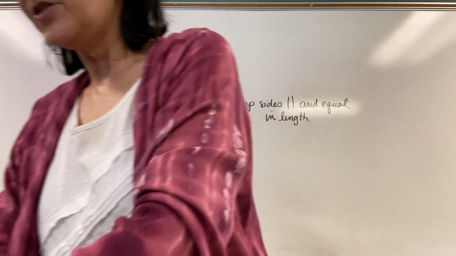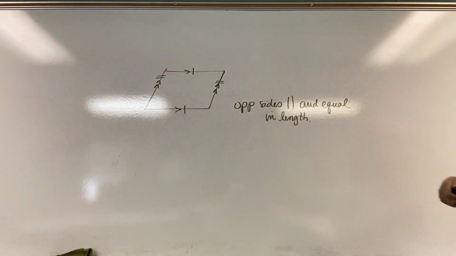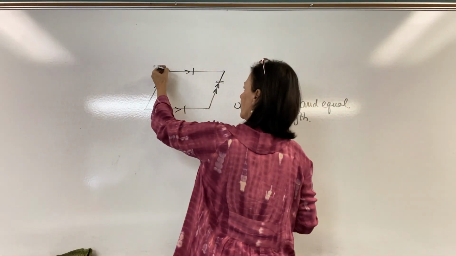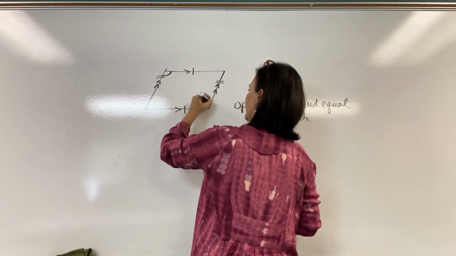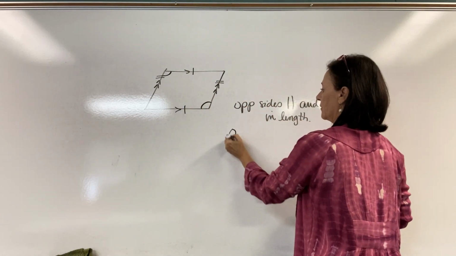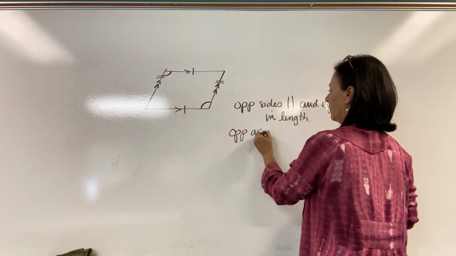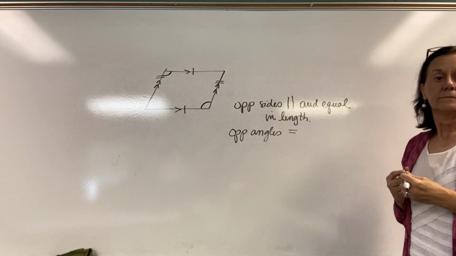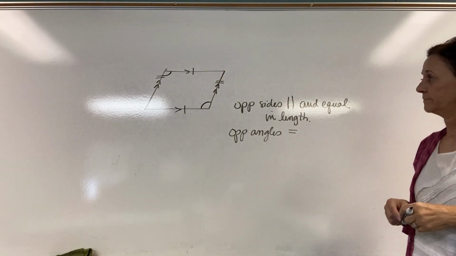All right, so that is true about every parallelogram. Opposite angles are also equal. So that angle equals that angle. Opposite angles are equal, always.